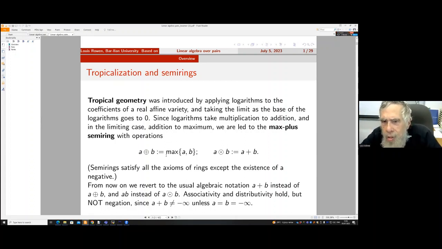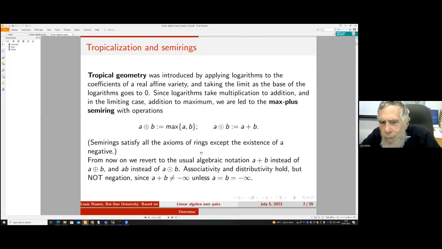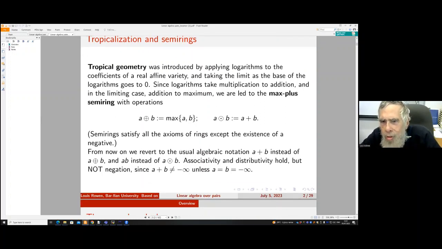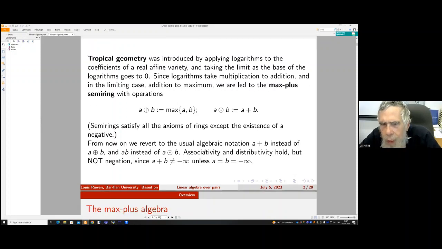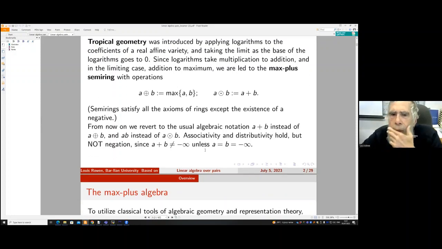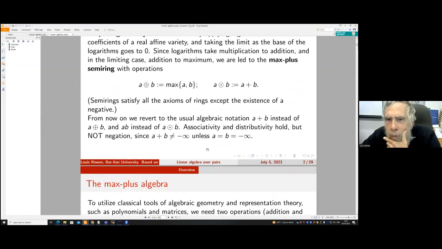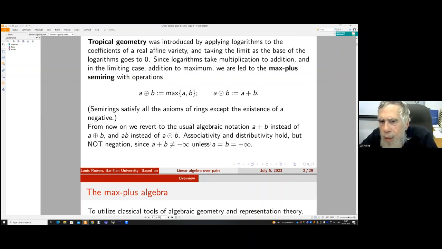And in such a situation, multiplication becomes addition, and the addition in the limiting case becomes the maximum. So this leads one to the max plus algebra, which is a very well known, very important tool.